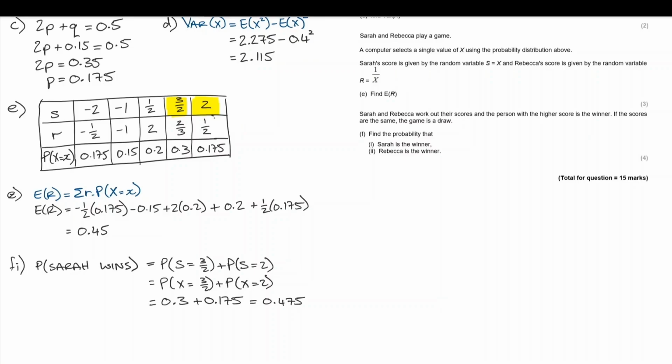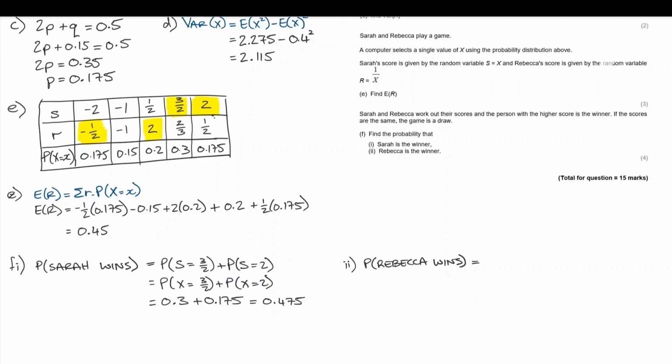How about Rebecca? Which of these outcomes have Rebecca winning? When the number selected by the computer is -2, Rebecca gets -1/2, and that is the highest score. When the number selected is -1, Rebecca also gets a score of -1. So nobody wins there; that's a draw. When the number selected is a half, we calculate Rebecca's score to be the reciprocal, which is 2, and Rebecca once again has the highest score.